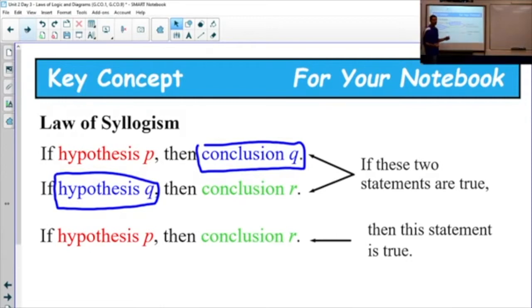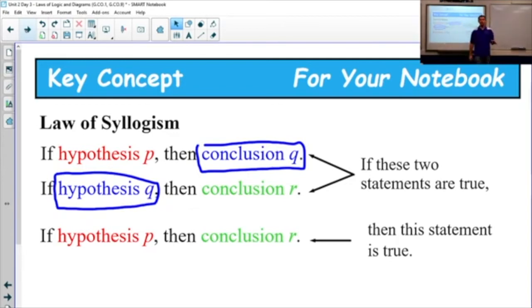Next is the law of syllogism. The law of syllogism takes two different if-then statements that are related to each other and combines them together. And the way that we can combine those together is if we have two statements that are linked by some hypothesis or conclusion.